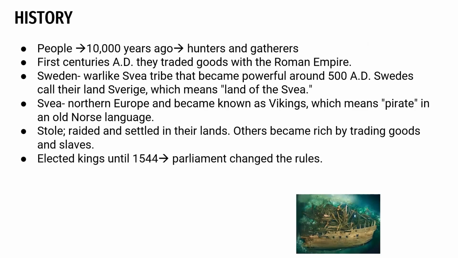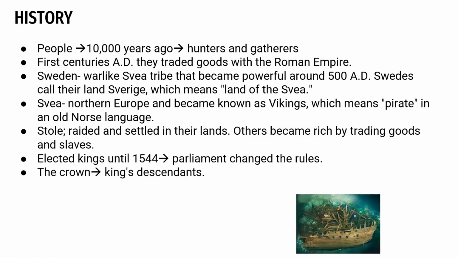So Sweden has a monarch, and the monarch is still there, but not with that much power. People only elected kings until 1544, but their parliament changed the rules, and then the king's descendants became the kings.